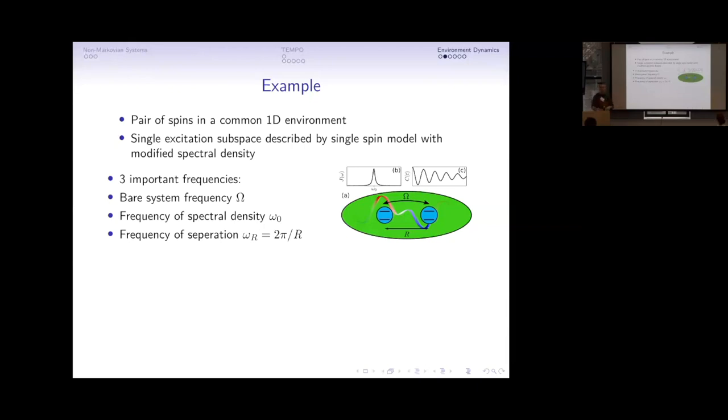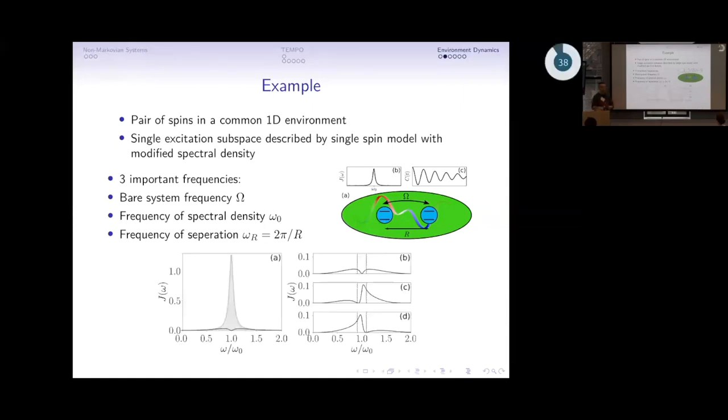So what you can do, you can take this kind of model and map it onto a single spin-half particle with a different spectral density. The single excitation subspace for this kind of system has two states. You can map those two states onto a spin-boson model, which has a modified spectral density. So we have this bare spectral density in light gray.